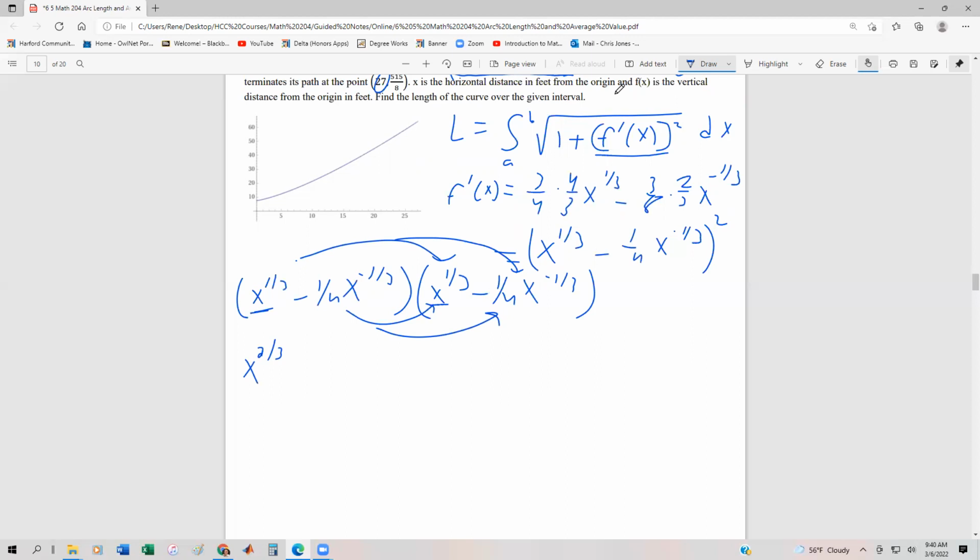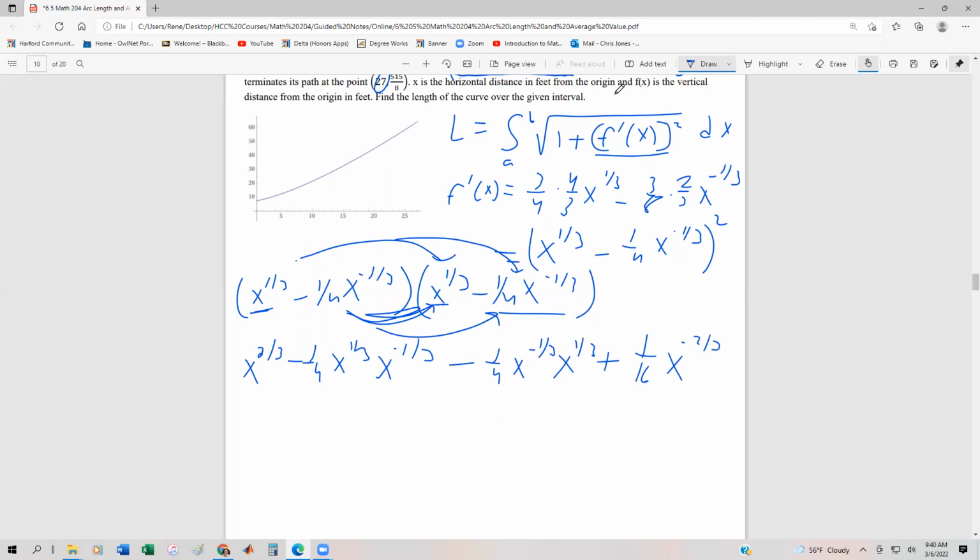And then we have x to the 1/3 times negative 1/4 x to the minus 1/3. We're going to get the exact same thing as the middle term, so negative 1/4 x to the minus 1/3 times x to the 1/3. And then finally, 1/16 x to the minus 2/3 power.